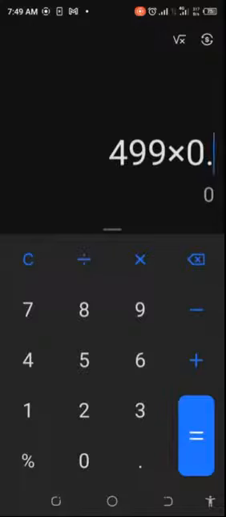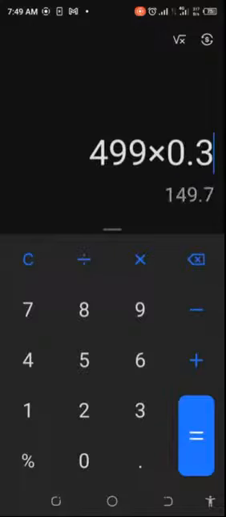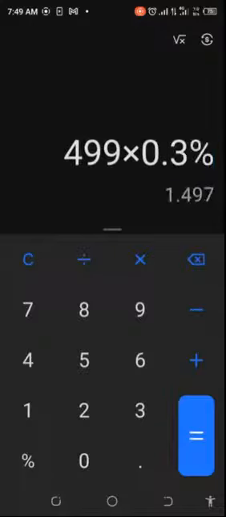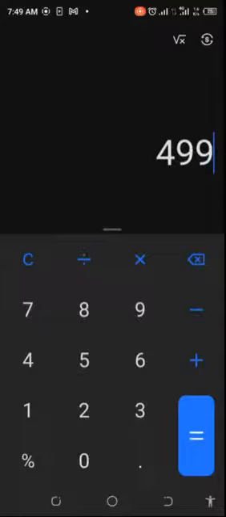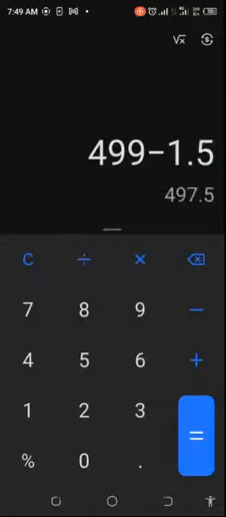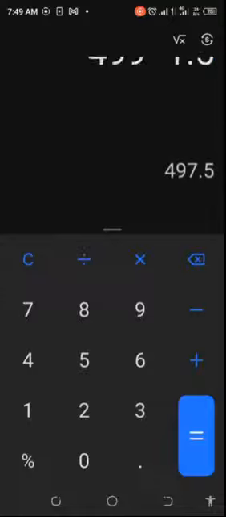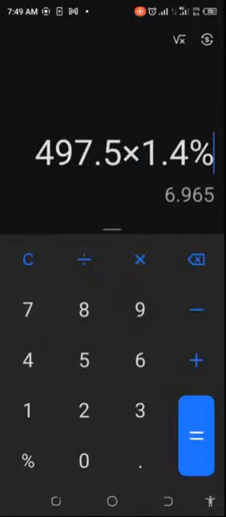So if I multiply that by 0.3%, I will be charged like $1.5. So let me remove that again. I'm just doing this so that you'll see what you will get if you're using a bigger capital. So what was left is $497.5. Let's multiply by 1.4%. We'll make about $7 on a $500 capital.